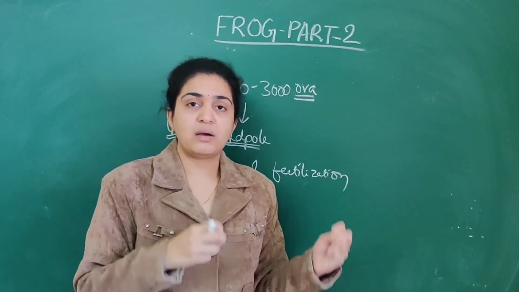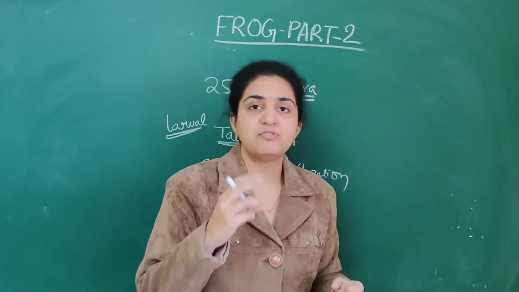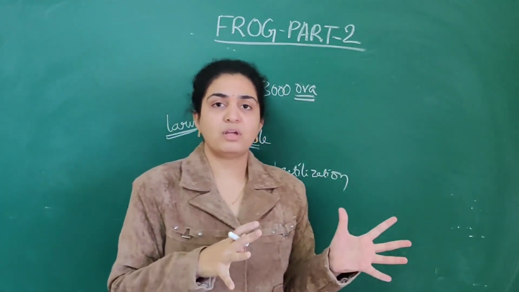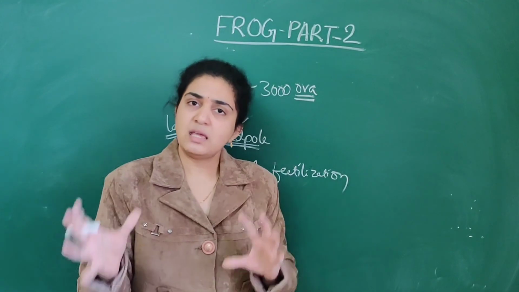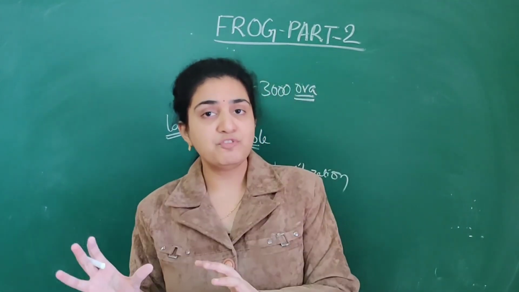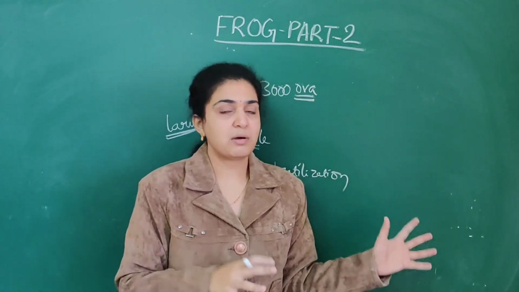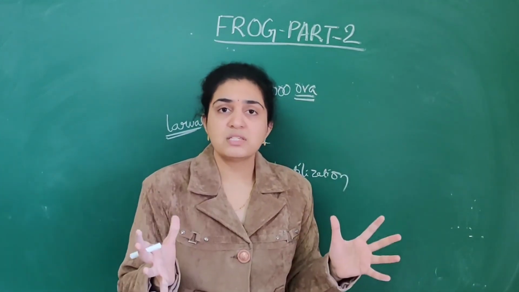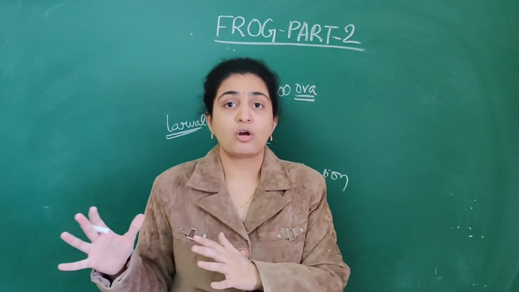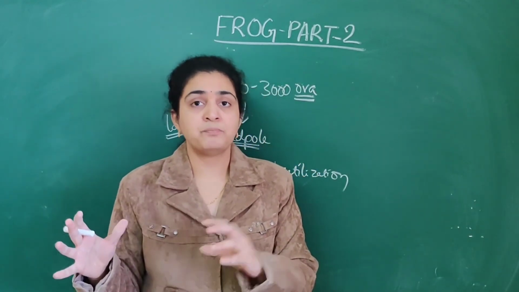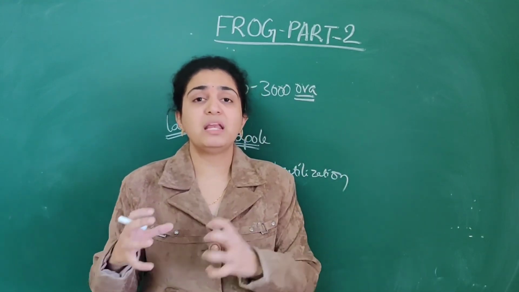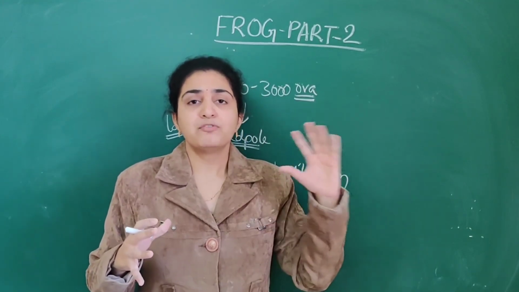Then the heart. When it comes to the vascular system, the difference is only the 3-chambered heart, that is 2 atria and 1 ventricle. Same RBCs, WBCs, hemoglobin, everything is present, lymph is also present. In the nervous system, the central nervous system, peripheral nervous system, as well as autonomic nervous system are present. The brain is divided into forebrain, midbrain as well as hindbrain.